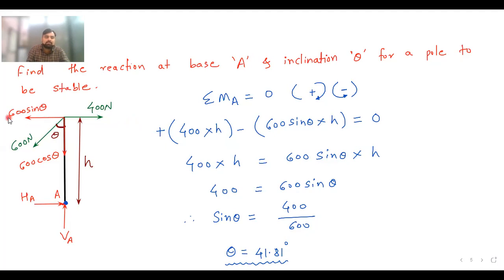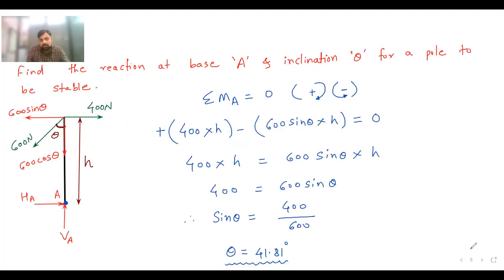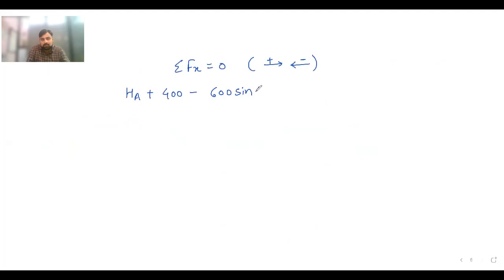The next force is this one, 600 sine theta. So 600 sine theta is moving towards left, so it is minus. If I write the equation, then the equation will be HA, which is moving towards right, plus 400 minus 600 sine of theta. What is the value? 41.81. Sine of 41.81 degree, which is equal to 0.